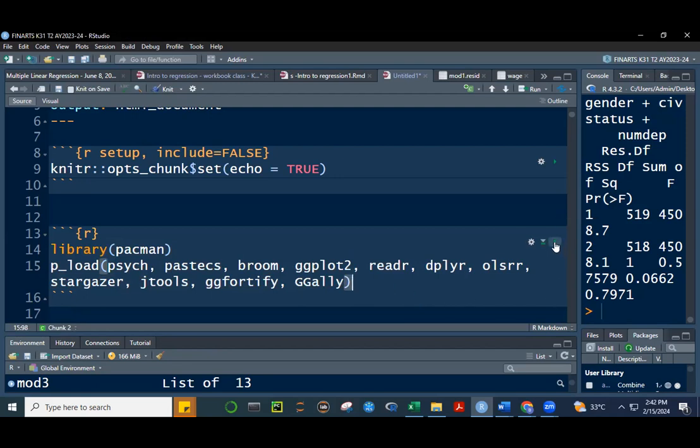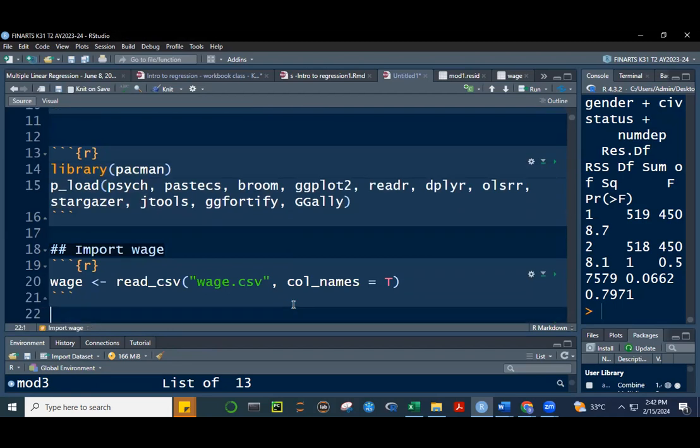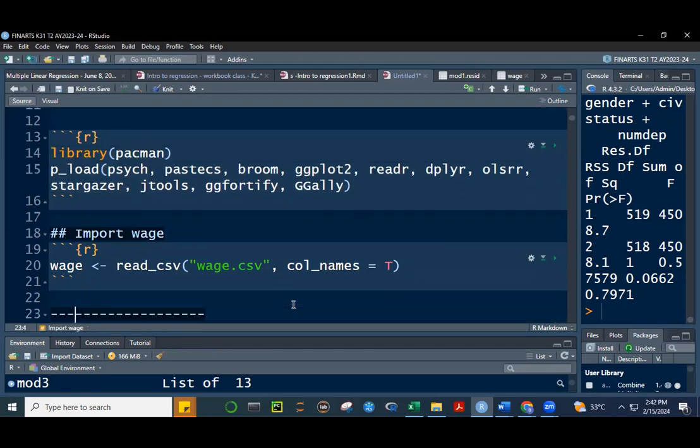All right, so I have run this, so I will not run it anymore. And I hope you have loaded the wage data set, the one that we have been using the past few sessions.